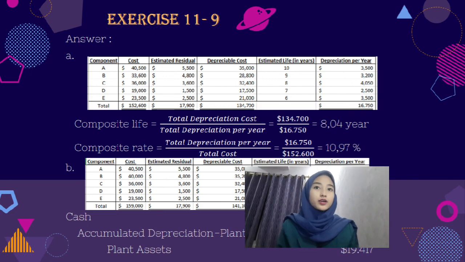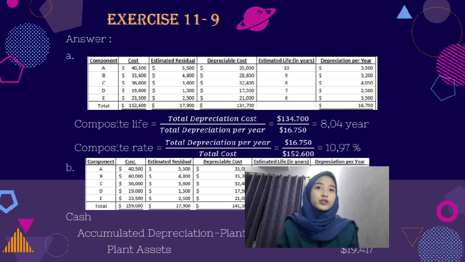And then the composite life amount is total depreciable cost divided by total depreciation per year amount, 134,700 divided by 16,750, amount 8.04 years.